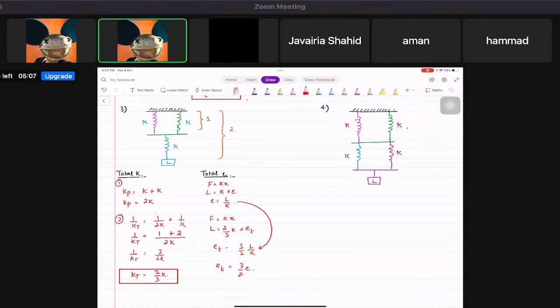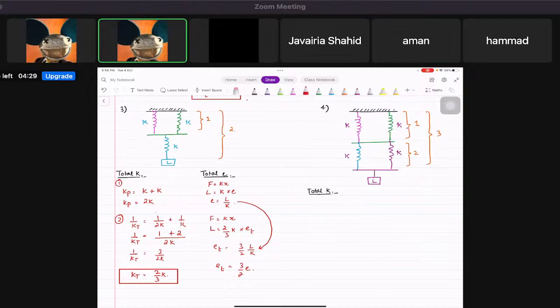Okay, now let's look at the last one. For the last one, first of all, we'll solve the first inner one, and then we're going to solve this one, and then we're going to combine these two. Do you understand this? That's how we're going to get the whole k there. Okay, now let's do this. For the first one, let's write here total k.